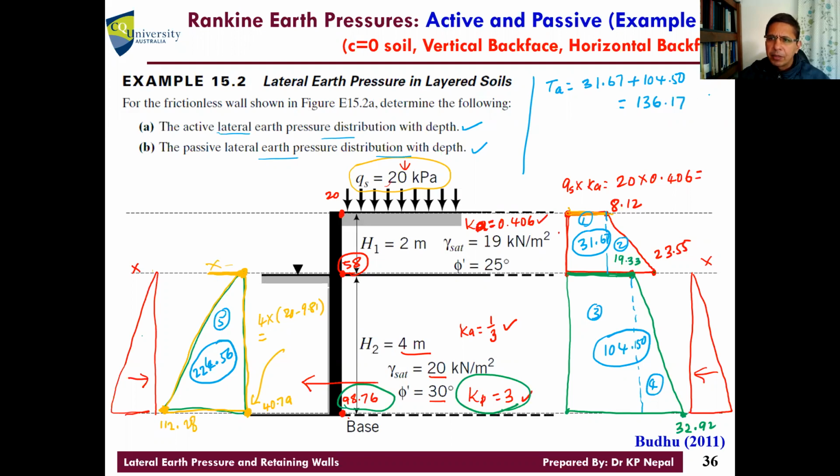Okay, so kilonewton per meter of the wall. And this would be kilonewton per meter of the wall for the passive force. That's it.